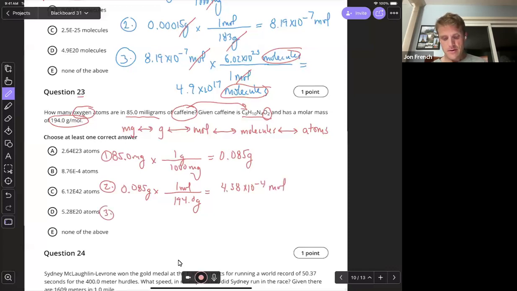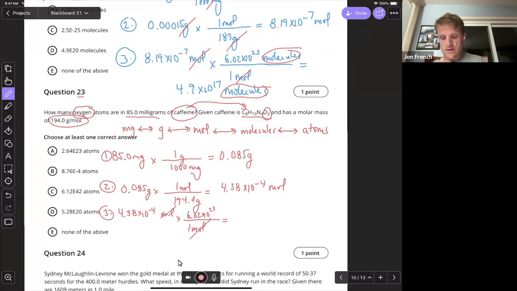Step 3, we're going to bring in Avogadro's number. So 4.38 times 10 to the minus 4 moles. Avogadro's number tells us 1 mole is going to have 6.02 times 10 to the 23.